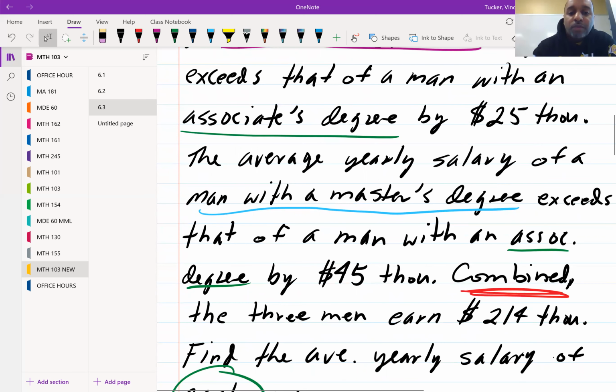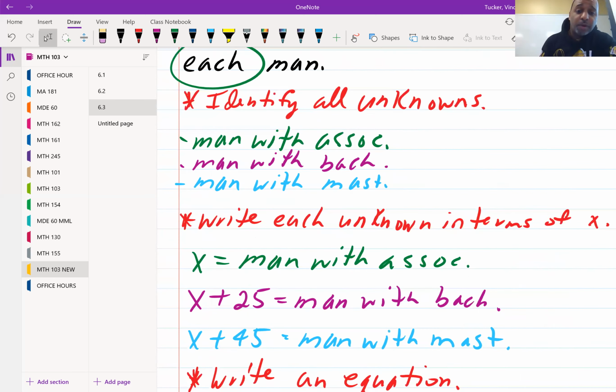So what we can do is write our unknowns in this way. Call the associate's X, and then the man with the bachelor's X plus 25, and the man with the master's X plus 45. So the associate's is X, the bachelor's is X plus 25, and the master's is X plus 45.